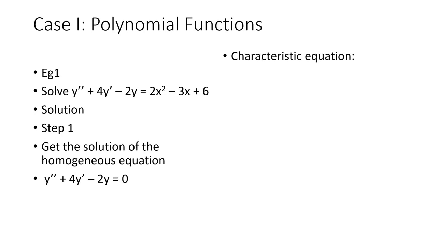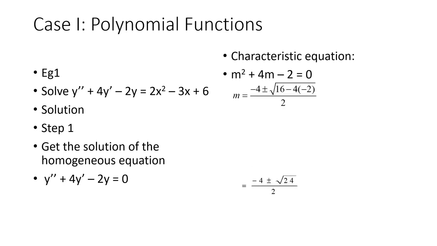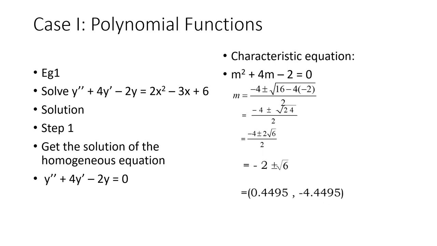So first step is what you have learned yesterday. Find a homogeneous solution, and we got the roots are actually negative 2 plus minus 6. I change it to floating point, this is the value. Yesterday was only homogeneous solution, so it was straight away using y.